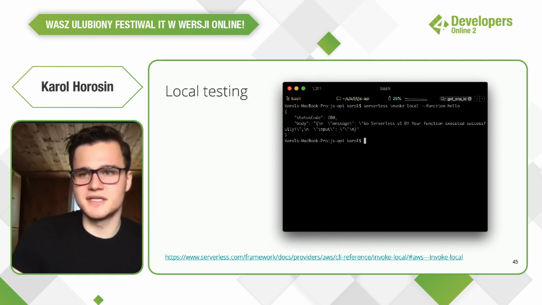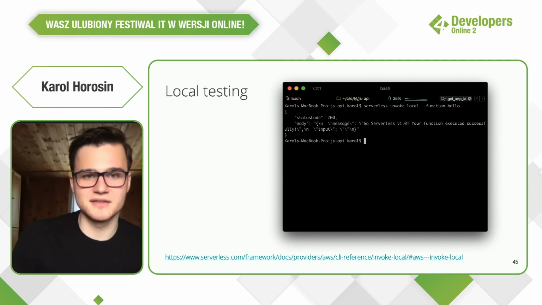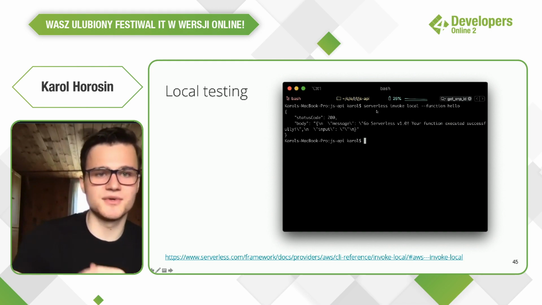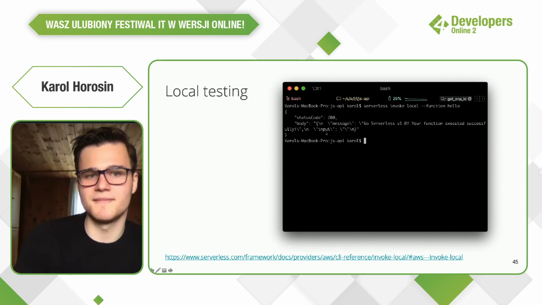One great benefit of serverless framework is actually a local testing possibility. So you can see in the first line there is a command serverless invoke local, and then you give it a function name, which in our case is hello, and we get the same response, but input is empty because we did not have any event.